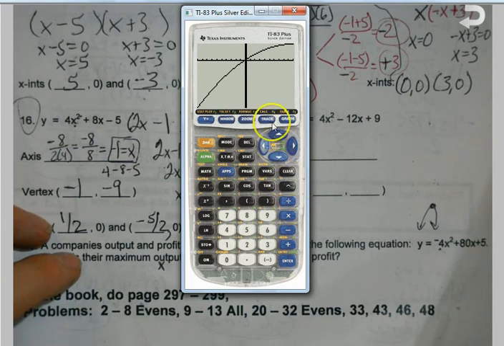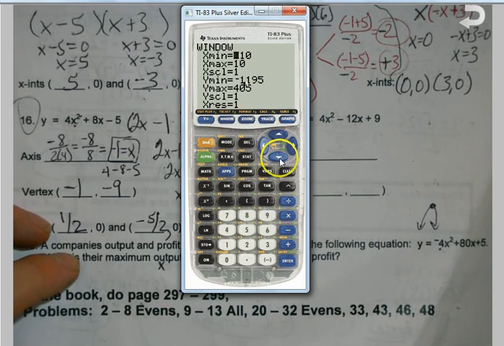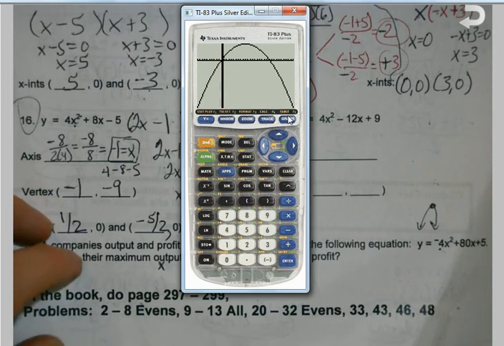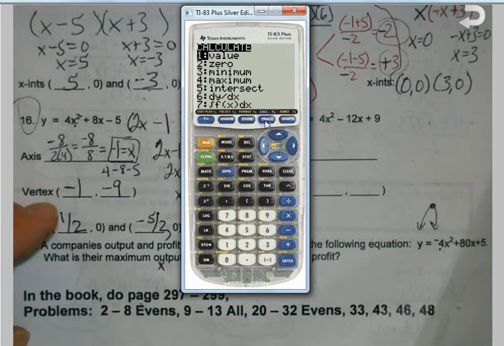So now, let's see what my window's gone to here. Holy cow. All right. I want to make my X max a little bigger so I can see more. There we go. So I see the top of my parabola. I want to find the maximum because that's going to give me all the values I want. It's also my vertex.